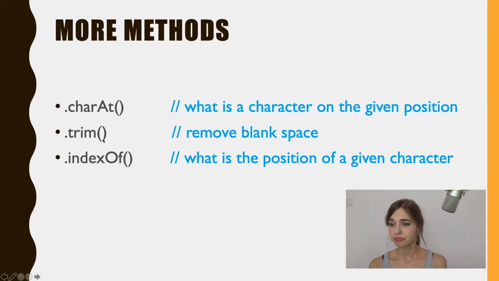We've got trim, which would remove the blank space. IndexOf would give you the position of a character that you're looking for. Especially this one I'm using at work because you're looking for a character, or if you want to check if the email is correct and so on. Loads of different situations where you're using those methods.